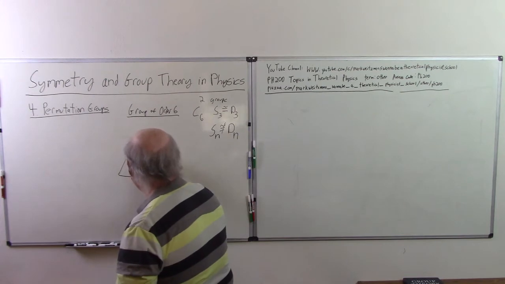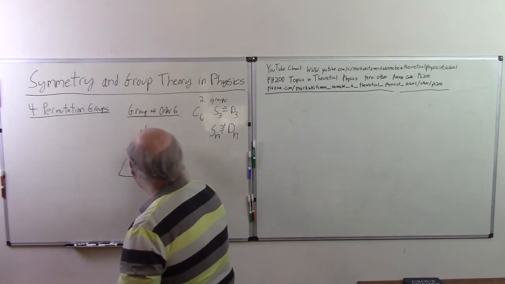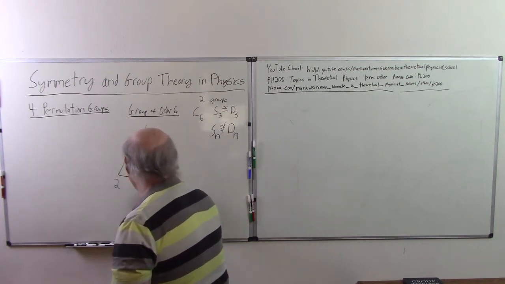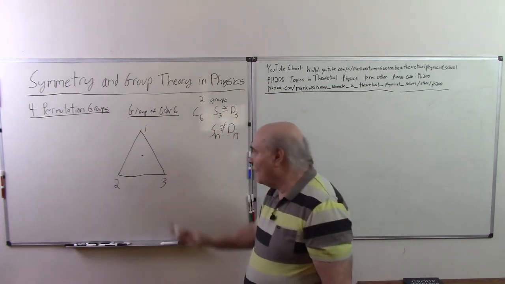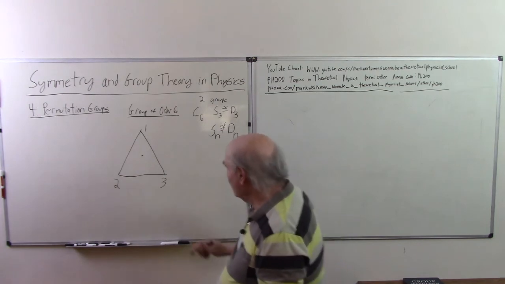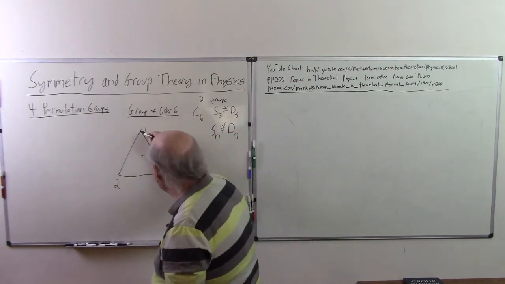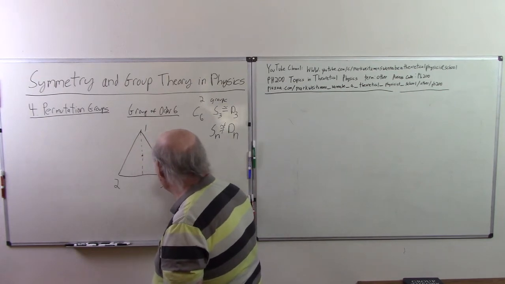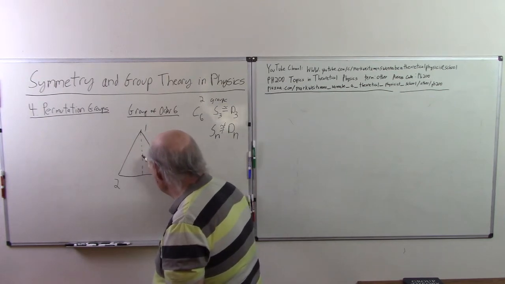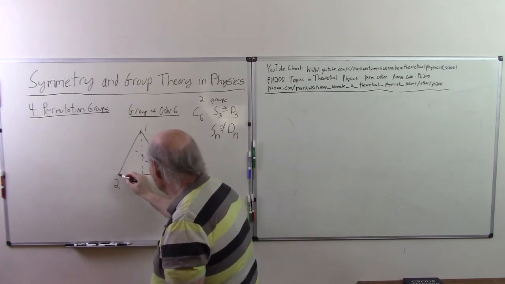So here's the center. Let's call this 1, 2, 3. So what are the symmetries of this triangle? Well, there's 6 symmetries. I'm going to draw medians here.